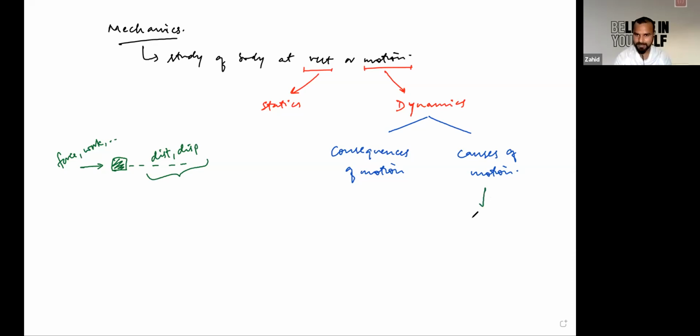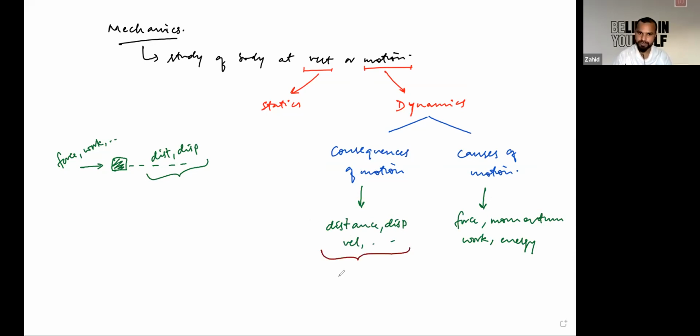So causes of motion are such as force, momentum, work, energy. Consequences of motion, or you can say result or impact of that motion, are what you will study as distance, displacement, velocity, acceleration, and so on. This entire part, that is consequences of motion, is termed kinematics.